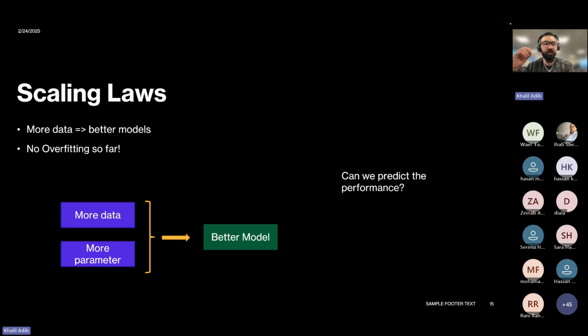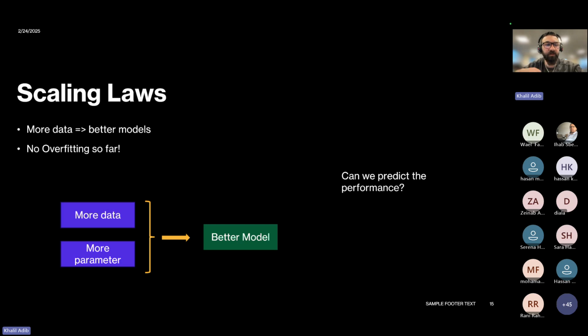So the term overfitting in LLMs doesn't exist so far. We still haven't hit the plateau where, even if you put in more data and more parameters, the model won't get better. That's why every year or so you see new big models. I remember GPT-2 had a few million parameters, I think.